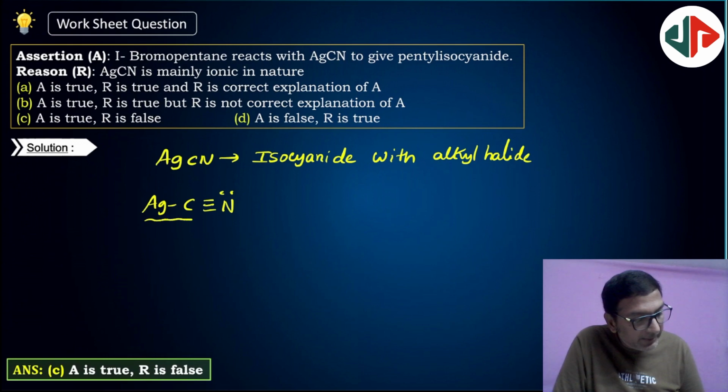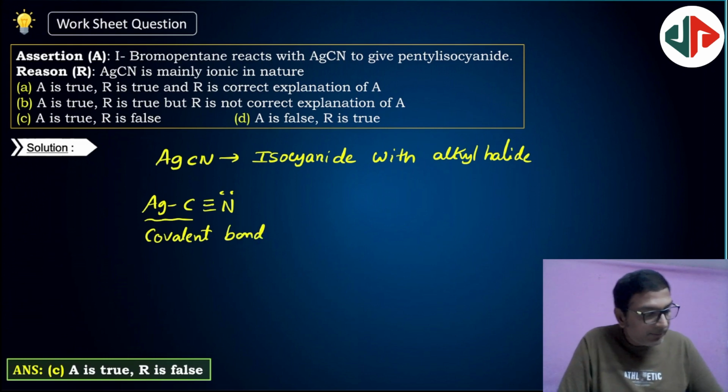The bond between Ag and C is almost covalent. Therefore, A is true, but AgCN is mainly ionic is wrong. A true or false? Option C.